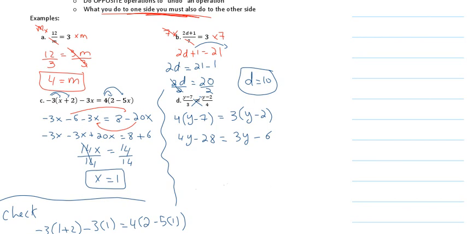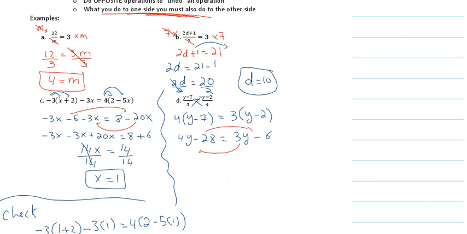Put the like terms on the same side, right? I want to bring the y's to this side. Remember, think of the equal sign as a bridge. You have to cross it to be added or subtracted. So I want to bring the 3y over and then bring the negative 28 over, so I have the y's on one side and the numbers on the other.